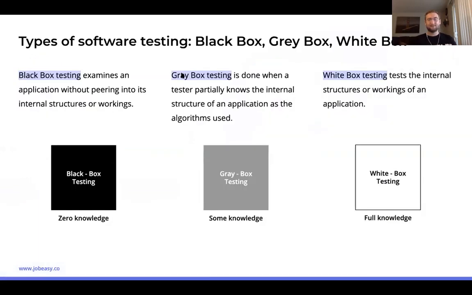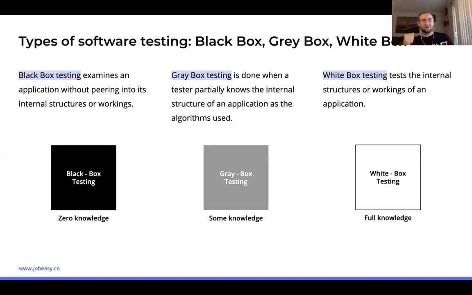Okay, let's start with types of software testing. There are many types of software testing, I'll tell you right away. So we'll try to separate and categorize them according to what is considered a standard across IT companies. The first set of types of testing we will cover are called black box, gray box, and white box.